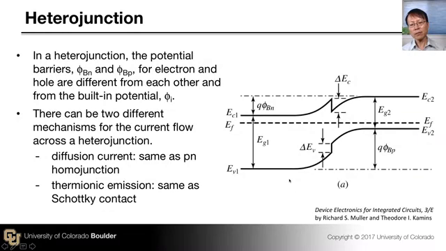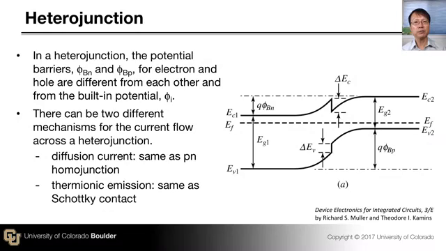So this interplay between the total band bending or the built-in potential and the band offset is what ultimately determines the current in PN heterojunction.